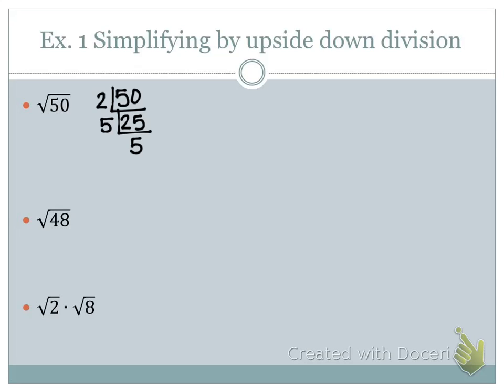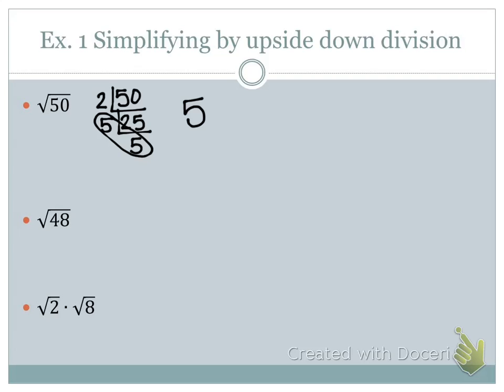So, I look for pairs. A pair is the same number written twice, okay? I have a pair of 5s right here. Each pair is going to signify one whole number that I can take out from underneath the radical. So when I have a pair of 5s, it just represents one number. And that one number that I'm going to take out is 5. Now, what's the only thing I'm left with?